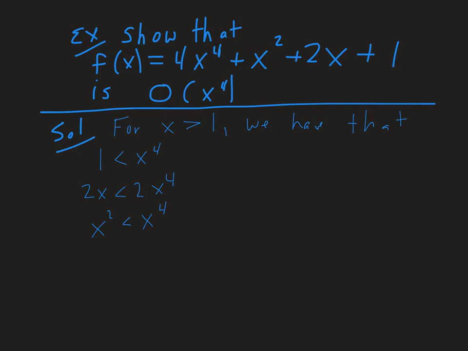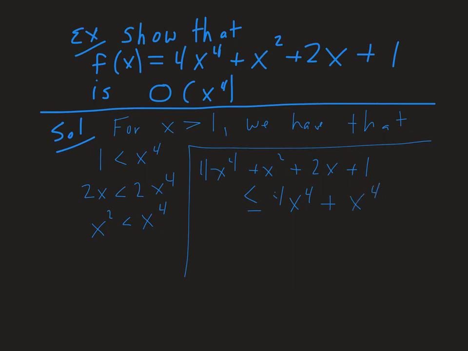All right, so what do we do with this information? Well, 4x to the fourth plus x squared plus 2x plus 1 is going to be less than or equal to 4x to the fourth plus x to the fourth.